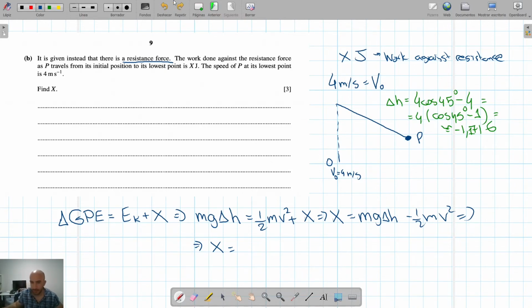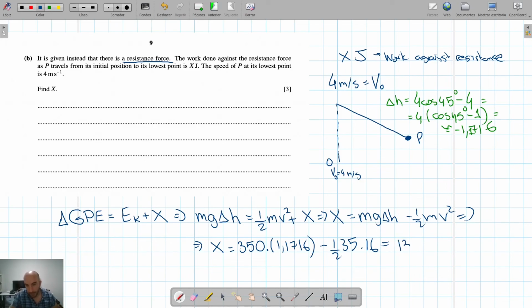So I'll do that in the calculator. We were told that m was 35 kilos. So we have m times g, so that's 35 times 10, 350, times 1.1716, minus a half times 35 times v squared, which is 16. So that is 350 times 1.1716 minus 35 times 16 divided by 2.